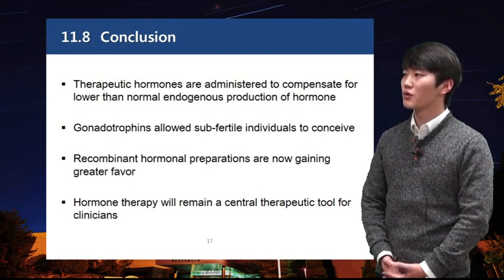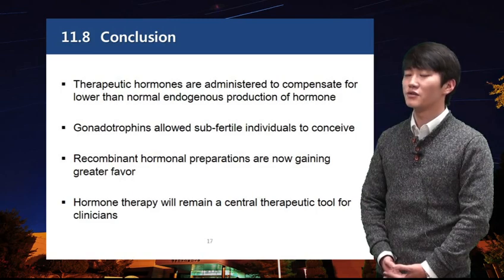Although most such hormones were in medical use prior to the advent of genetic engineering, however, the recombinant hormonal preparations are now gaining greater favor, mainly on safety grounds. So hormone therapy will remain a central therapeutic tool for clinicians for many years to come.